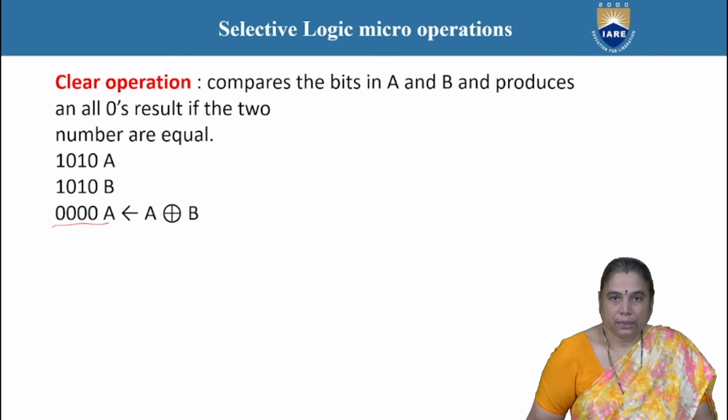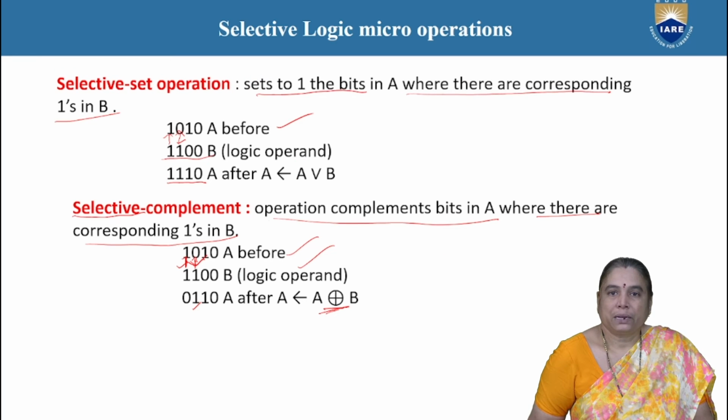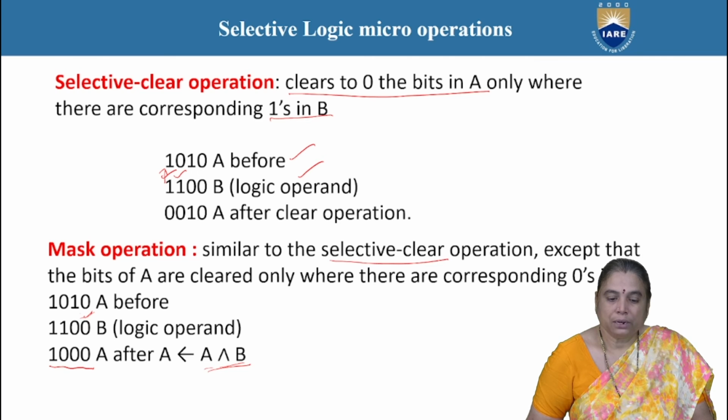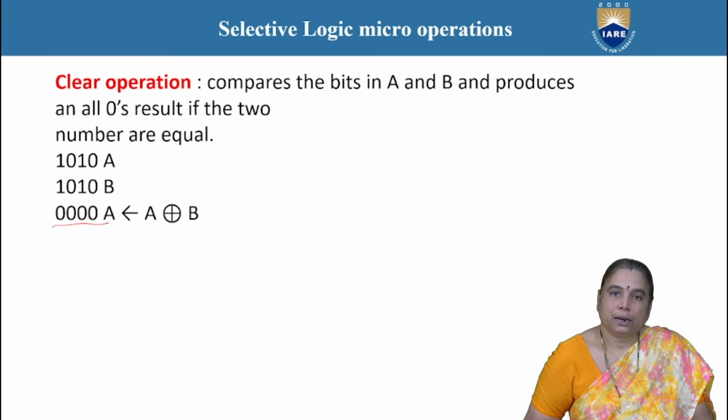Not only these 16 logic micro operations, additionally selective logic micro operations are there. The selective logic micro operations are selective set, selective complement, selective clear, mask, insert and clear operations.